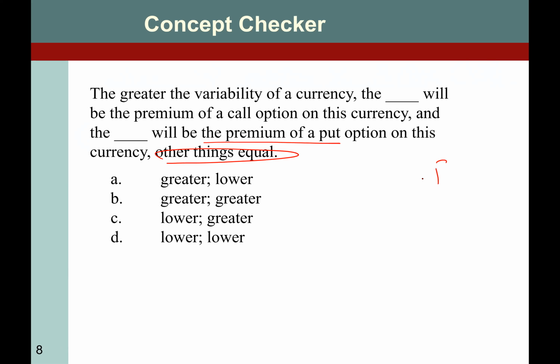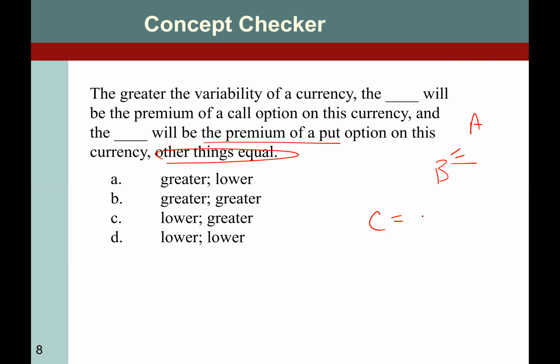I heard B. B. Others? Guys, do participate, this is for your own benefit. B. Right? B.